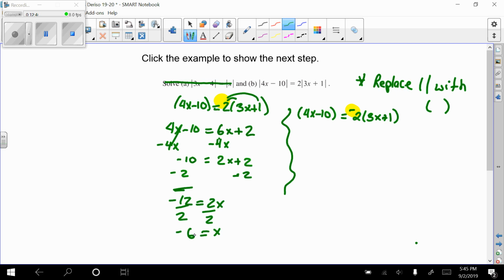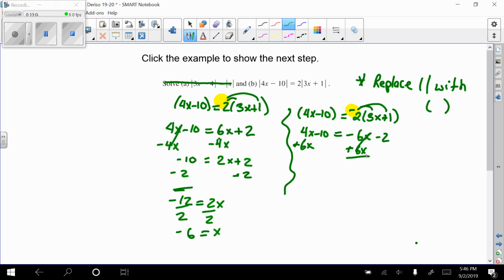Let's do this second equation. Get rid of the parentheses here on the left because there's nothing I'm multiplying it times. But I have to distribute this negative 2 to both things inside, negative 6x minus 2. Now in this case, the 4 is the larger of the two coefficients for my variable term, so I'm going to add 6x to both sides.